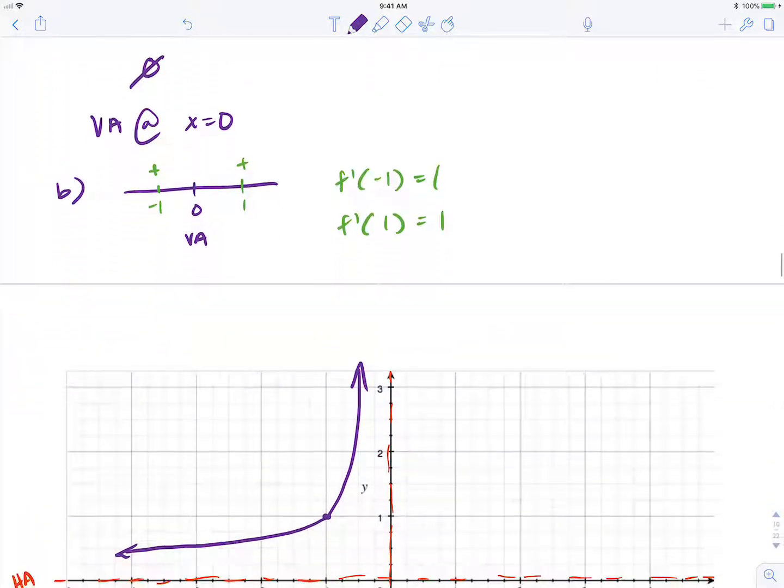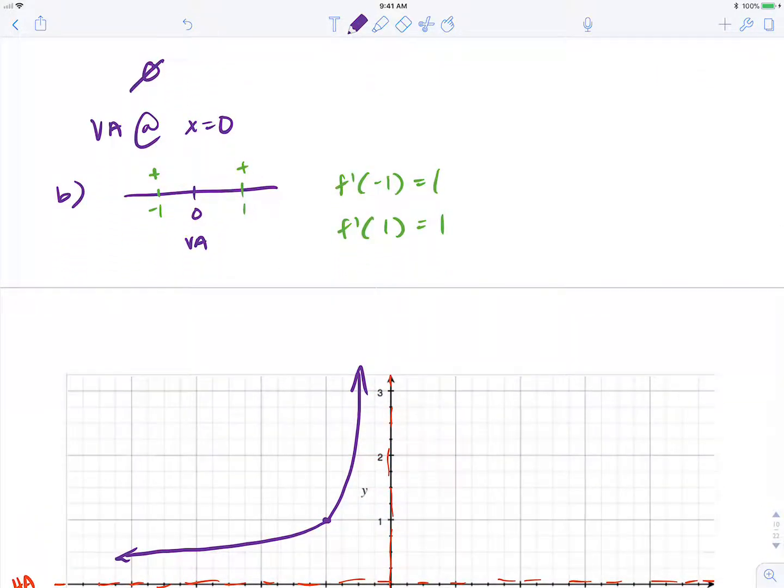Okay, so here, because the function is not defined at x equals 0, since there's that vertical asymptote, we say that the function would be increasing from negative infinity to 0, and then also from 0 to positive infinity. And it's decreasing nowhere.